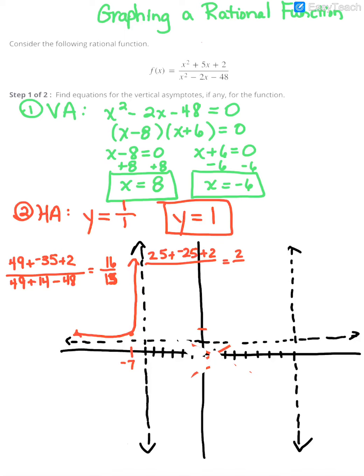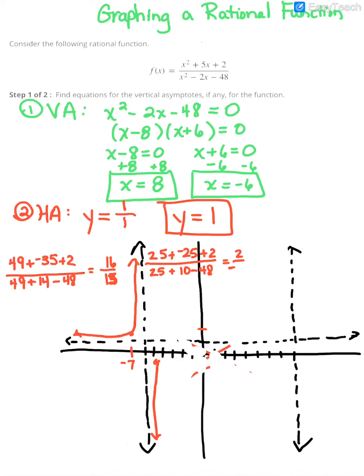And then on bottom, -5 squared is 25, minus 2 times -5 would be plus 10, and then minus 48. We're going to get 35 minus 48. So bottom line is it's going to be negative. I don't even care about the value at this point, because that's telling me it's down here. So right now I know this piece of the graph is coming like that.